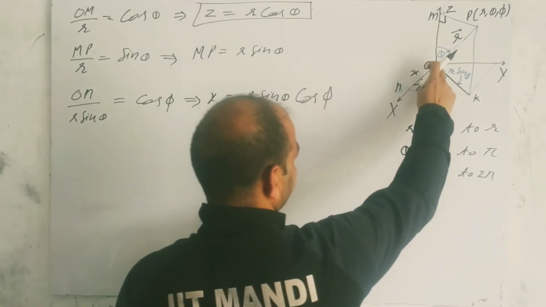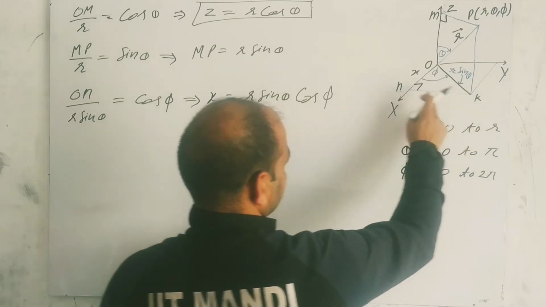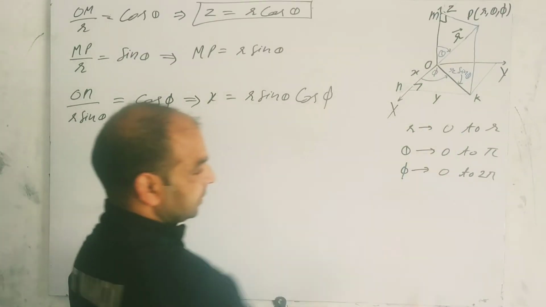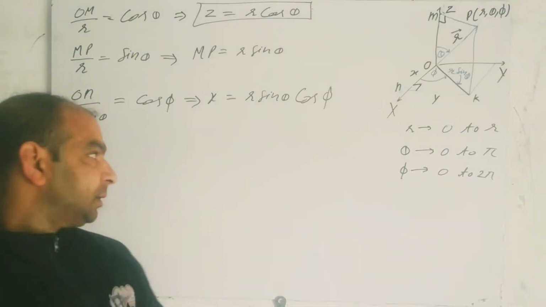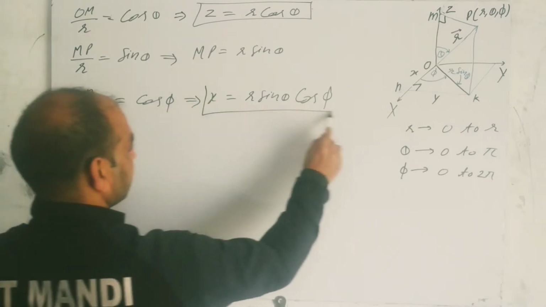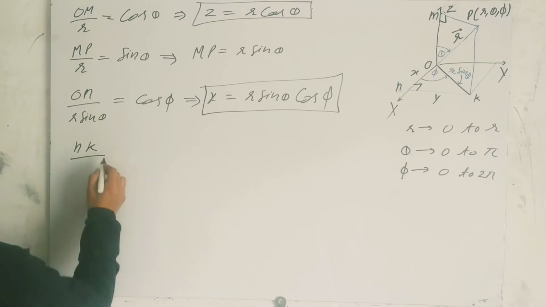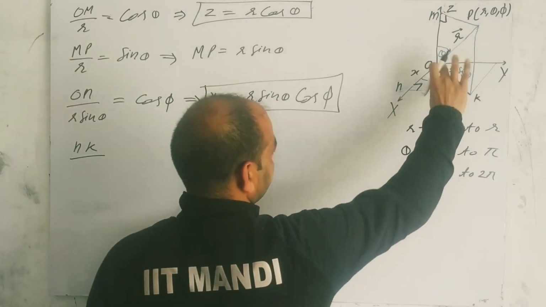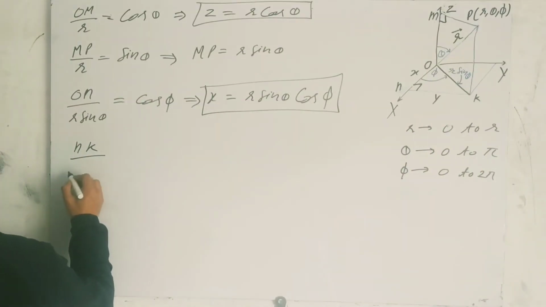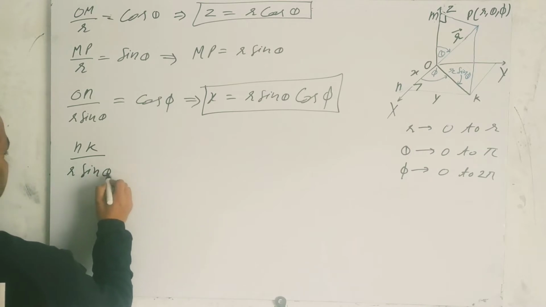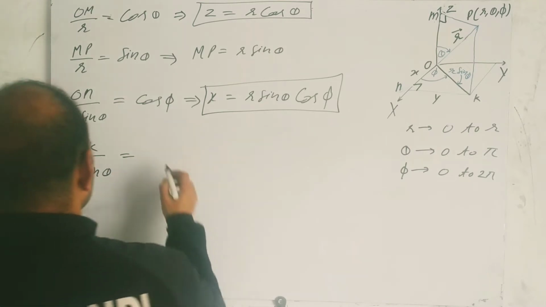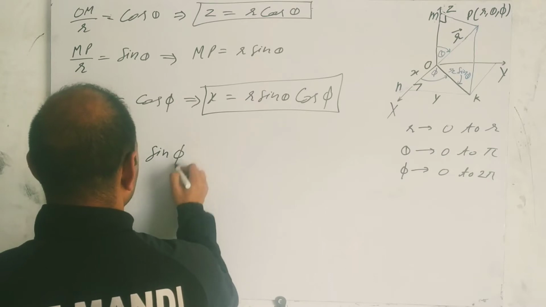Now we will derive this for the y coordinate. In the same right angle triangle ONK, this NK is the perpendicular. So NK divided by r sin theta, perpendicular upon hypotenuse, is going to be sin phi.